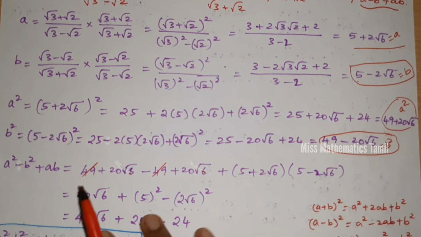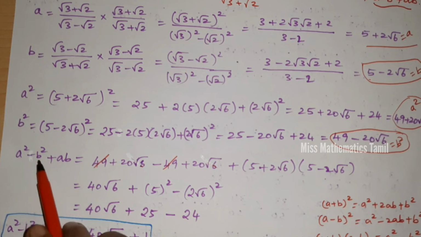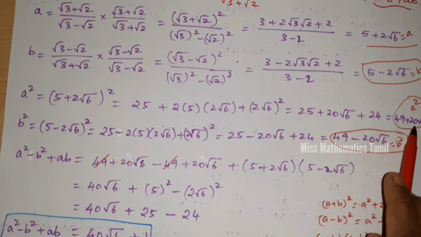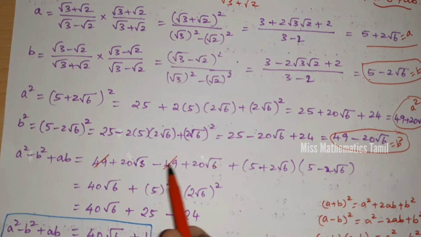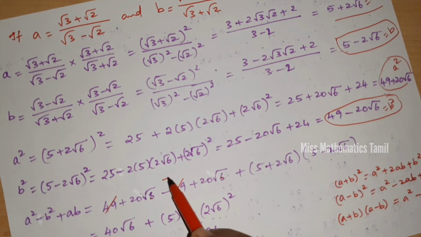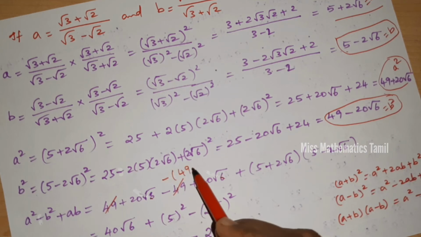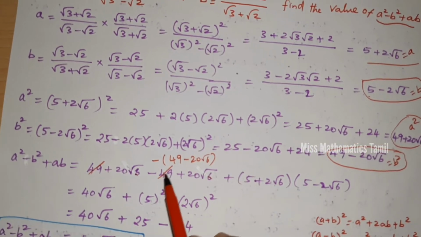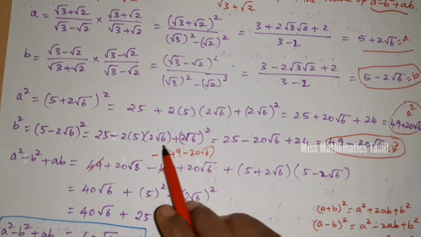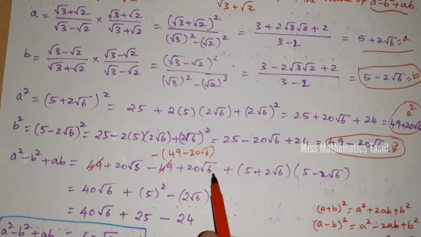Okay, the final touch is a square minus b square plus ab. What is a square? 49 plus 20 root 6. Next, minus b square. I have already multiplied the minus, otherwise minus into 49 minus 20 root 6 will come. So minus into minus gives plus 20 root 6.